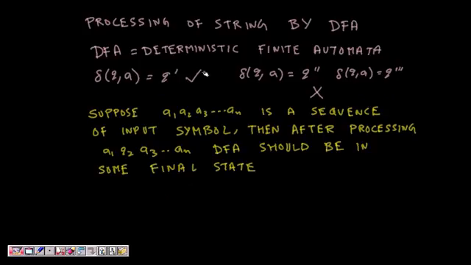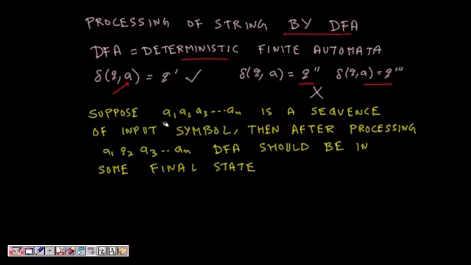The important thing is, for a deterministic finite automaton, which we are going to see first, on seeing one input symbol it always goes to one unique state. It doesn't go to two different states. That's why it's deterministic. We are always sure which next state it will go to based on the input symbol. And we saw the processing of a string by a DFA.